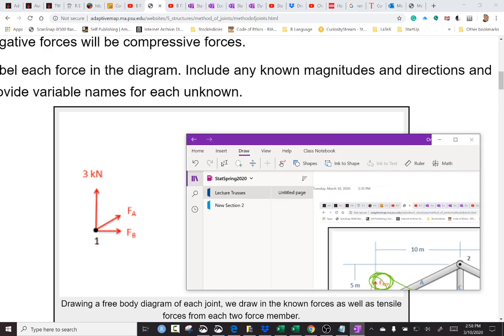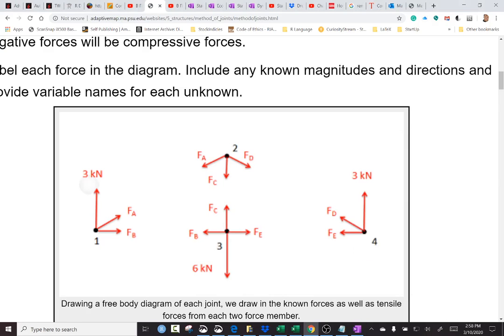Well, not too surprisingly, that's what he gets right here. So the next step is how to break each node apart.